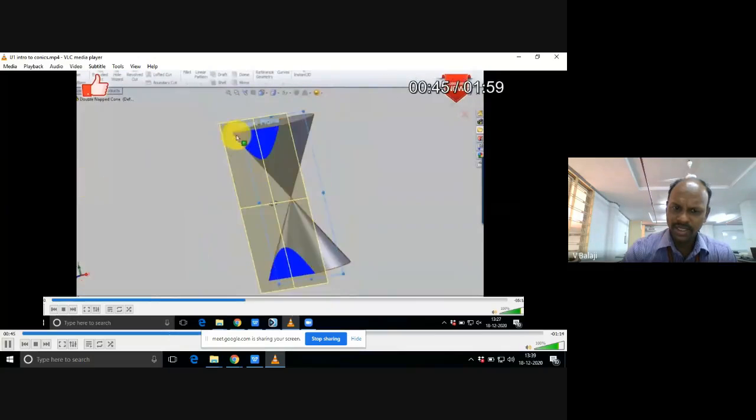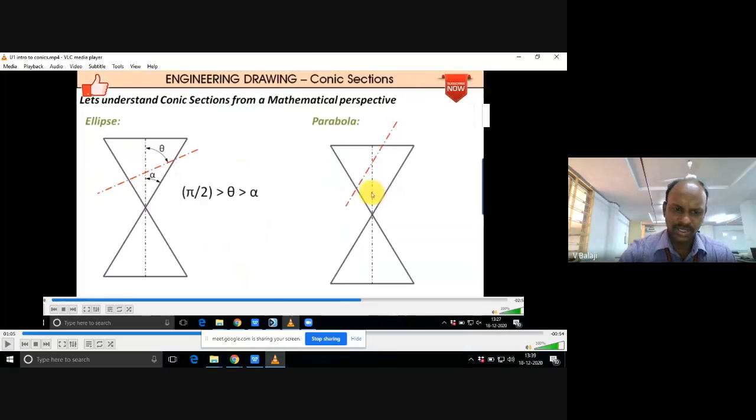curves. In the mathematical sense, forget about the lower right circular cone. If you consider only the upper right circular cone, and cut with reference to the axis, for example the vertical, the cutting plane angle is theta.